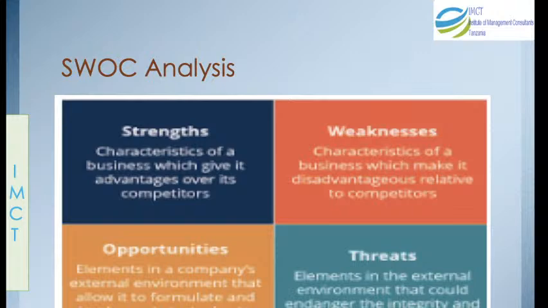There are functions that you can directly control, but it's also important to look at the external environment, because S and W are for the internal, what the business is doing. For example, for opportunities, you need to ask: how could changes in this market work to my advantage? How could technology help the business? What opportunities are out there to increase my profits? What are my competitors doing? What are the companies profiting behind?